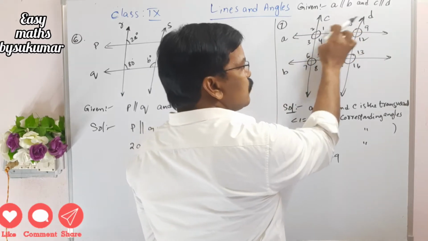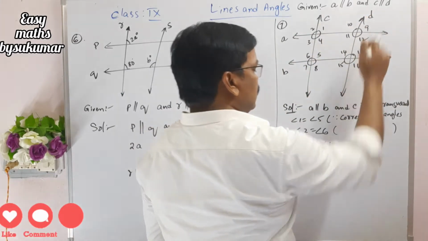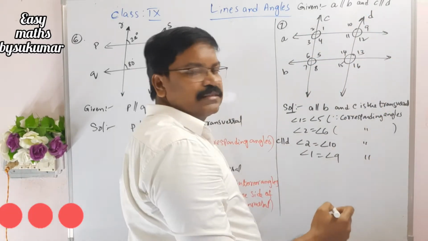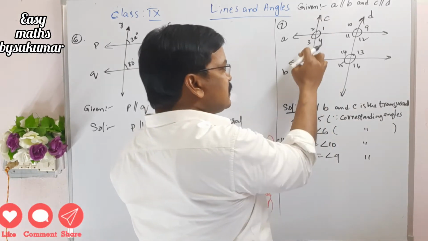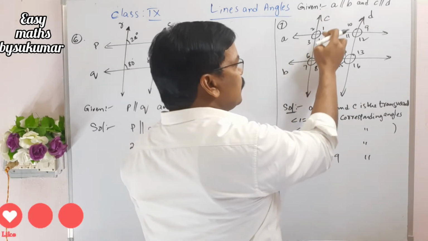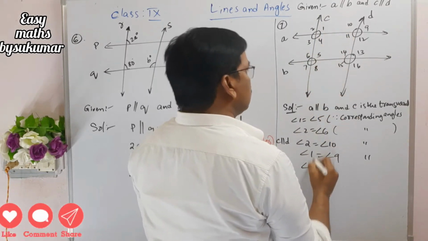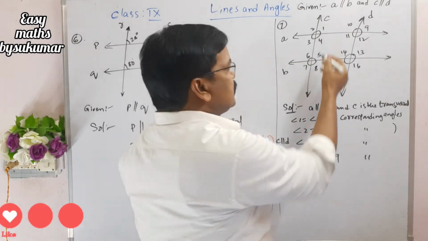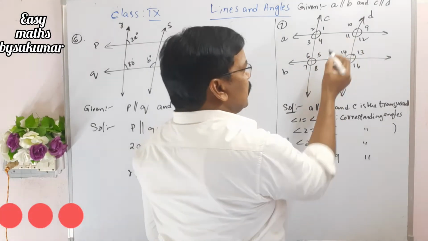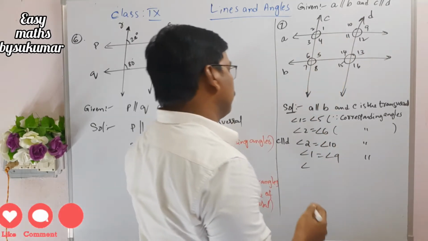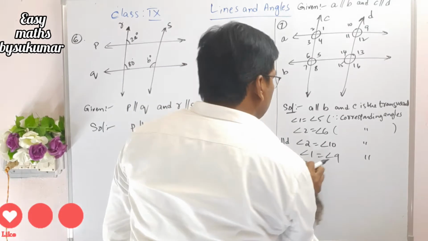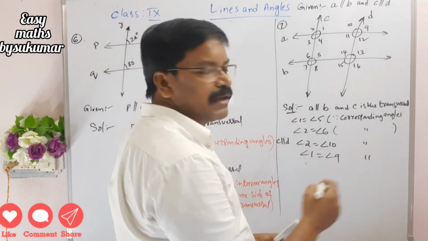The reason is corresponding angles. Now coming to here, angle 2 is equal to angle 6 and angle 1 is equal to angle 5. So these four pairs of angles are corresponding angles.